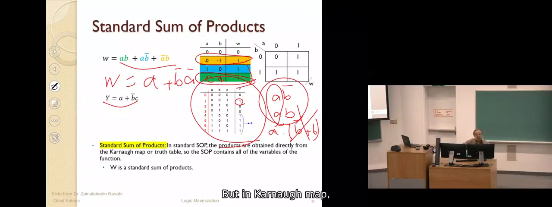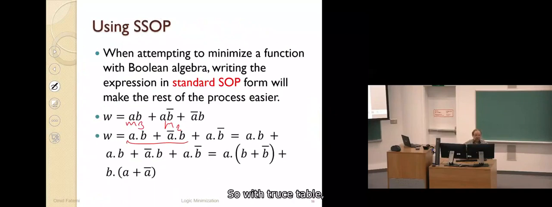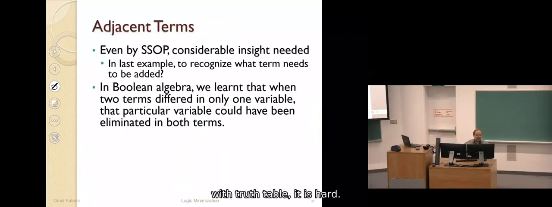But in the Karnaugh map, we try to make them adjacent. I will show you now. So with the truth table, it is hard.